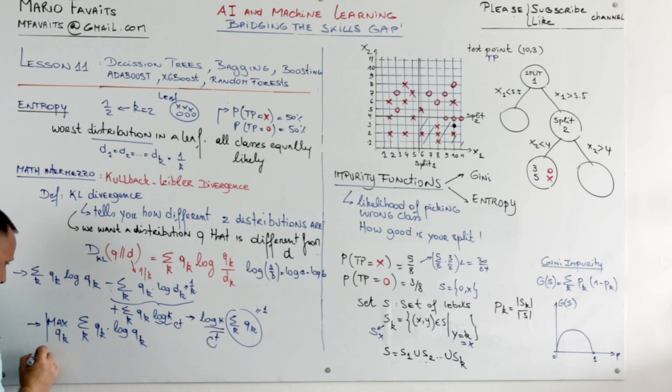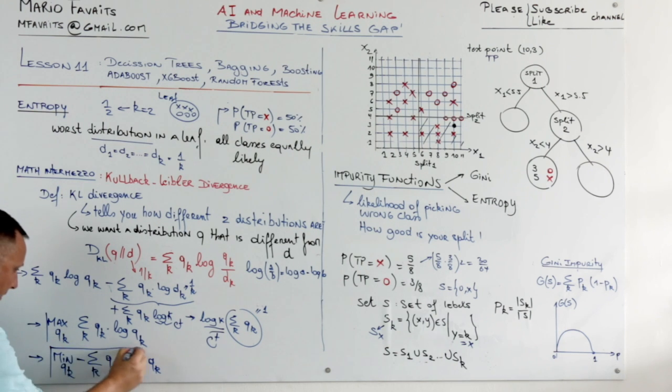This is what we want to maximize, but this is the same as to minimize over qk minus the sum over k of qk times log of qk. And this is actually the minimization problem that we need.